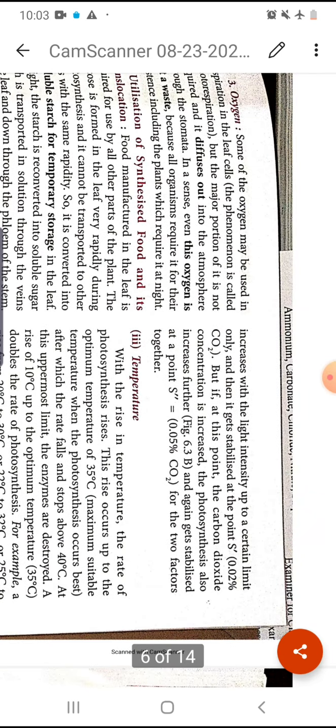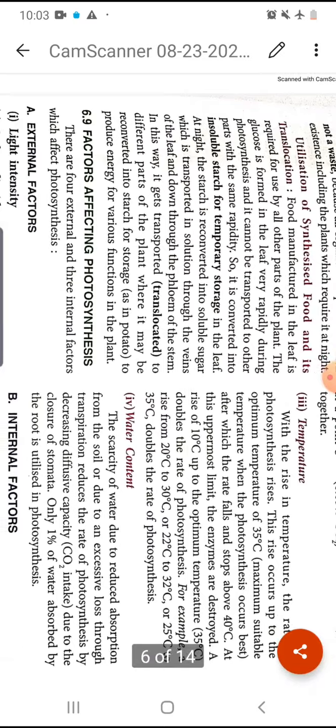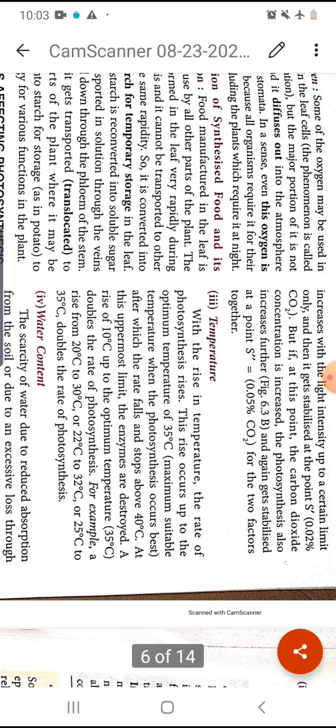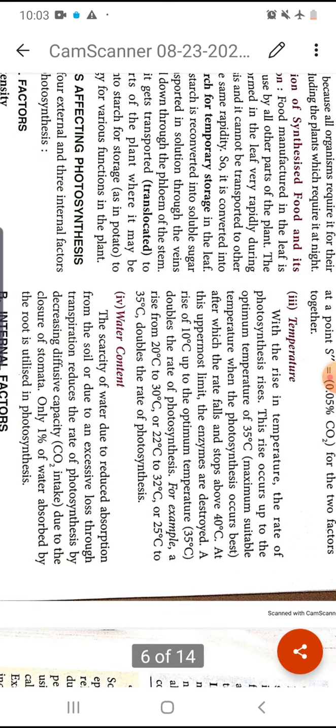Now the concentration of carbon dioxide: if increased, photosynthesis also increases, but that is also to a certain level, and after that if the concentration of carbon dioxide increases again, the rate of photosynthesis will not increase again.